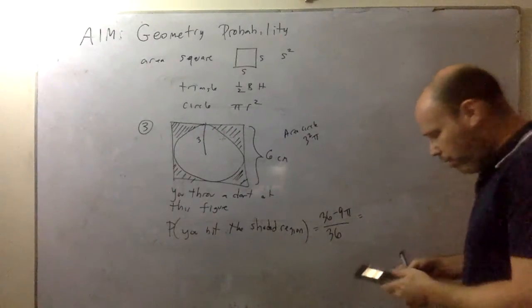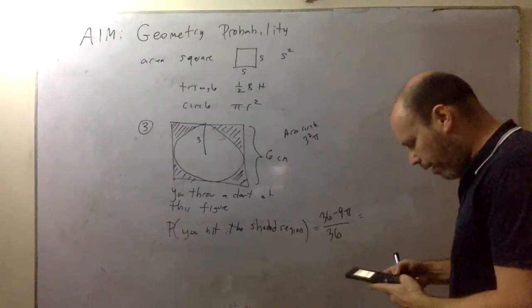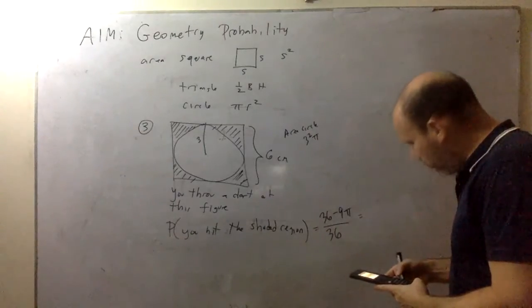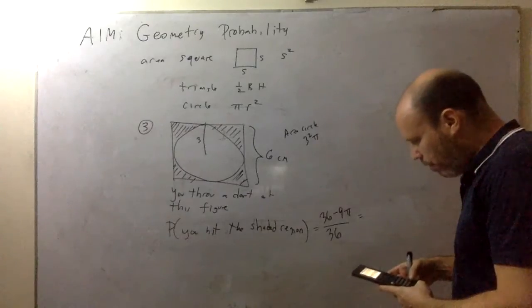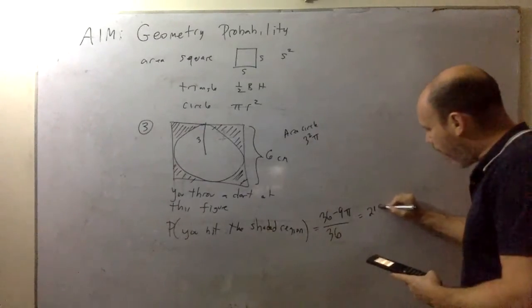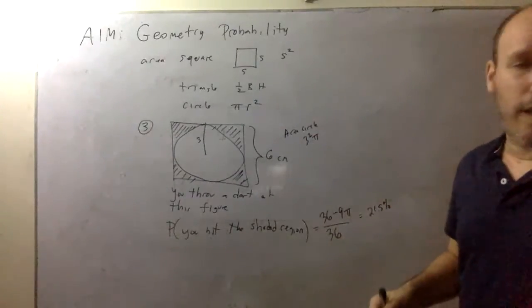You go to your calculator, you do 36 minus 9 pi, enter, divided by 36, 21.5%. That makes sense.